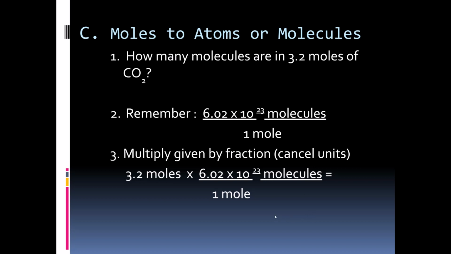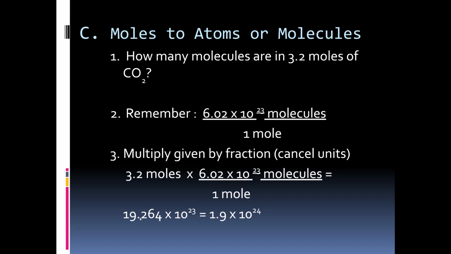Type that all into your calculator, making sure to use brackets on both sides of the 6.02 and at the end after the 10 to the 23rd power to properly get your answer. So your answer is going to be 19.264 times 10 to the 23rd power.